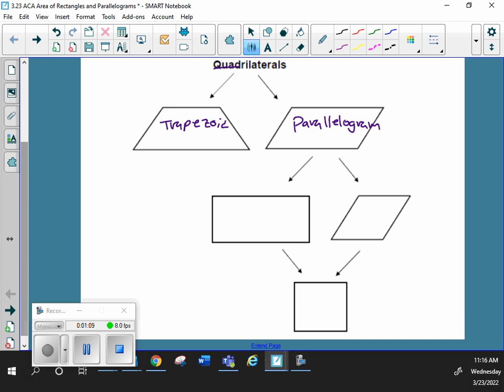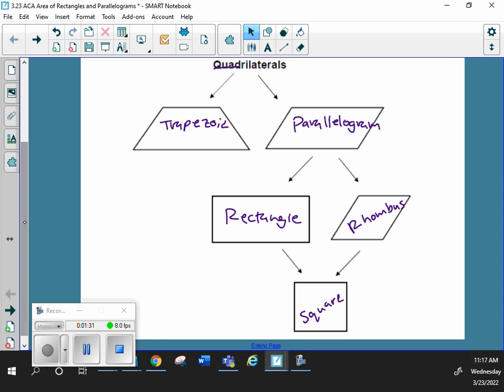This is a rectangle, and a square. Okay, so we're just going to talk about different unique facts about rhombuses and quadrilaterals.